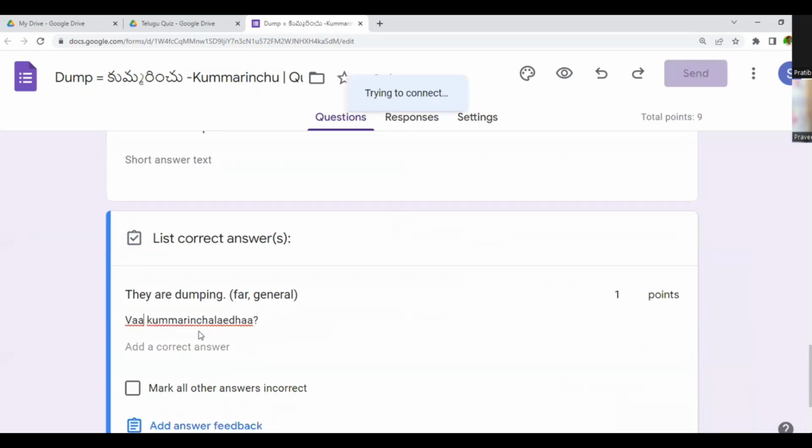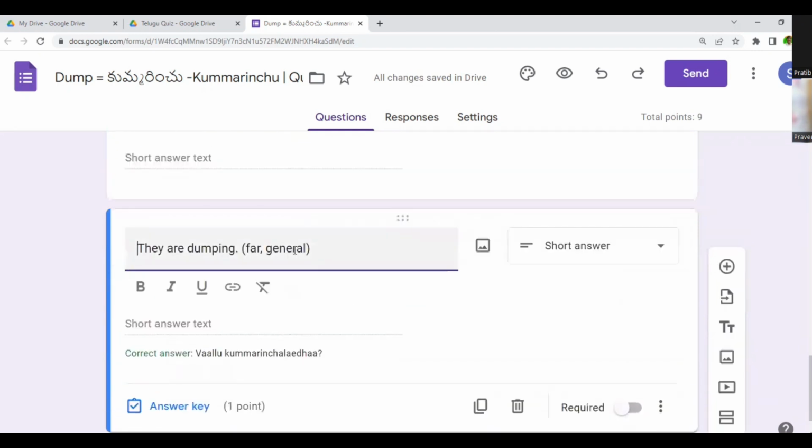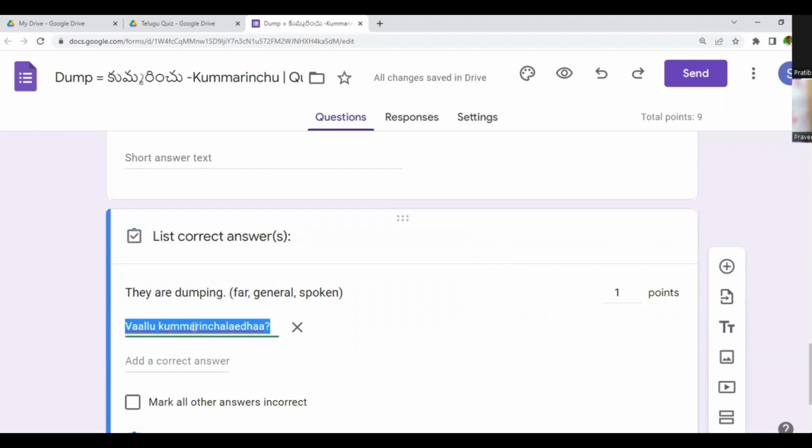It is not varu, it is vallu, because I said general. In general spoken language, we use vallu ending, not varu. Okay. వాళ్ళు కుమ్మరిస్తూ ఉన్నారు.